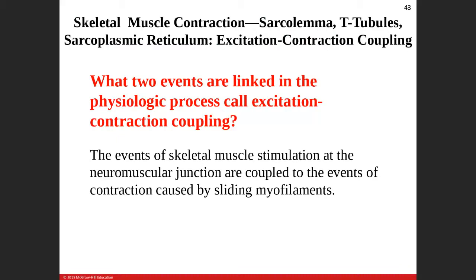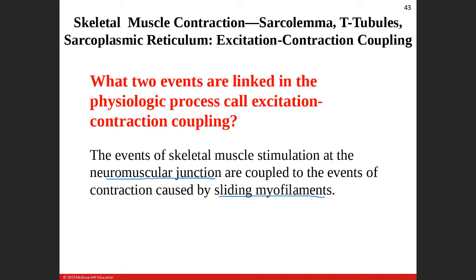So the two processes that are going to be linked are what happens at the neuromuscular junction and our sliding filaments. So in the middle, we have that excitation-contraction coupling. There are those two parts at either end: what occurs at the neuron and the motor end plate, and then the sliding filaments.